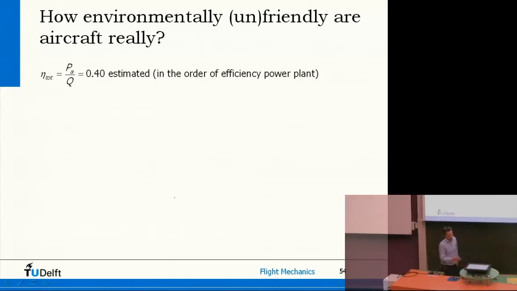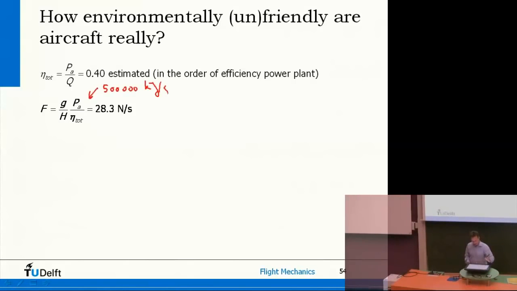So, like I stated, engine of this aircraft has an efficiency of about 40% in total, which means that if I take that power of 500,000 kilojoules per second and I take the total efficiency, then I get the actual kilojoules I need, and this H is basically a chemical quantity.